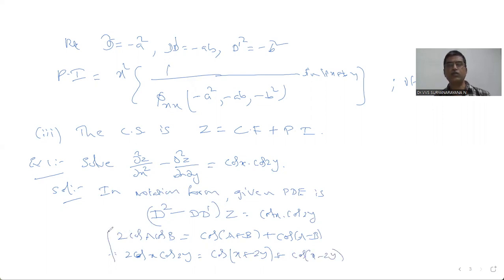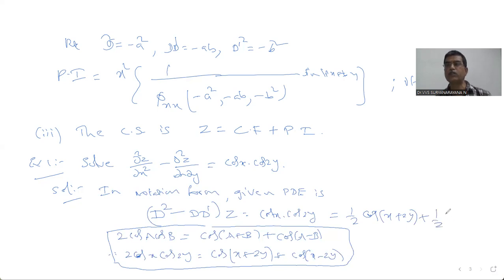So using this concept, cos x cos 2y is nothing but half of cos(x+2y) plus half of cos(x−2y).